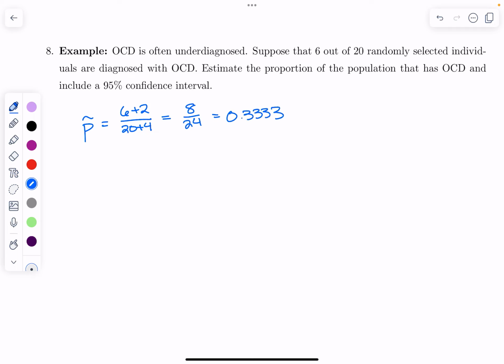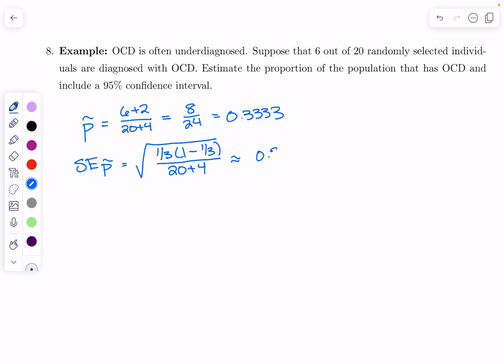So our standard error of p tilde ends up being the square root of, I'm going to just use 1/3 here exactly because I can, 1/3 times 1 minus 1/3 over 20 plus 4. That ends up being approximately 0.0962.